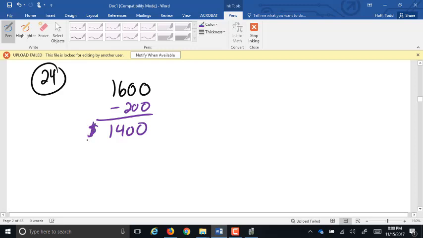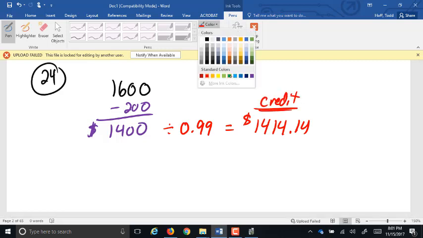So only $1,400 is going to go towards that $3,000 invoice. They do get a discount of what percent? 1%. So we divide by the complement, which is 0.99, which tells us that there's $1,414.14 that is the credit towards the invoice.